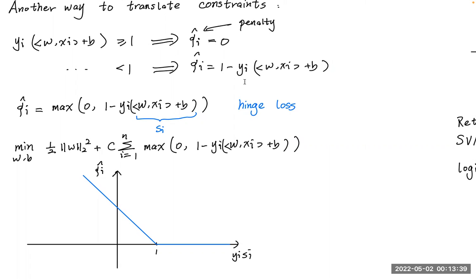Suppose you buy space for 0.2, because you are at 0.8 and only need extra space of 0.2. Then you don't want to pay, say, 0.3. You don't need this extra space, right? So if this 0.8 is here, you just pay this 0.2. So the optimal psi_i is simply 1 minus y_i times this linear score.